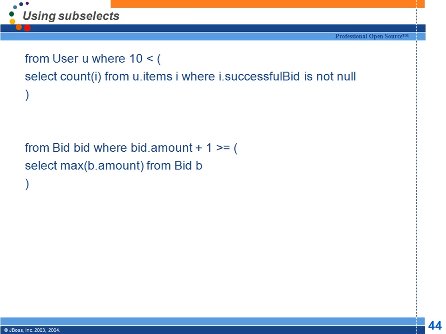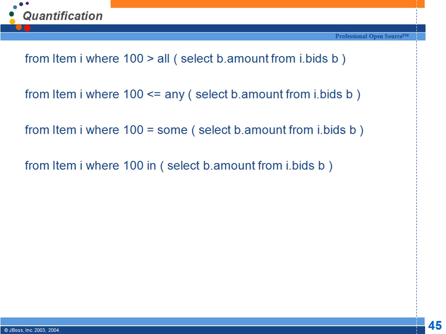Lastly, you can use subselects also like this. From user u where i can let them. And also, you can use like this: from item i where 100 greater than all, or any, or some, or in. Just see this carefully: all, in, any and some.